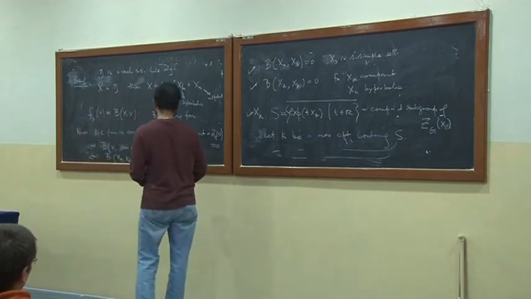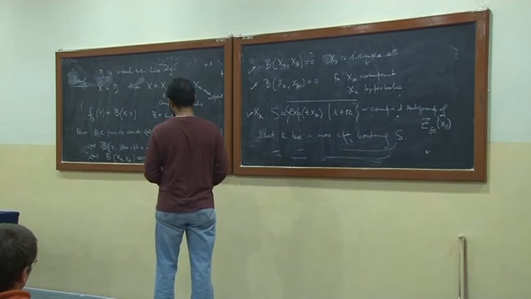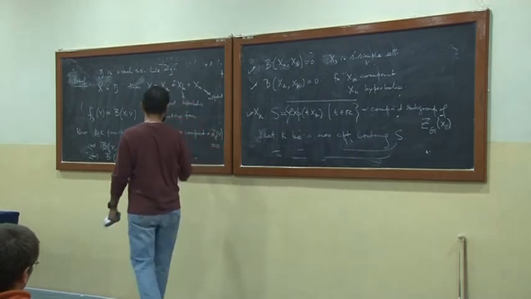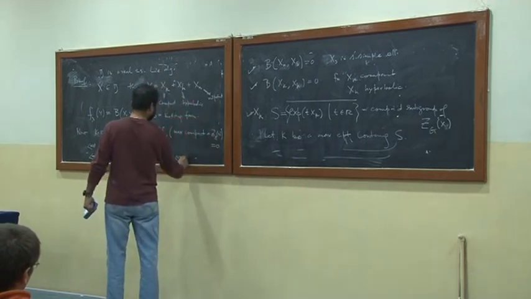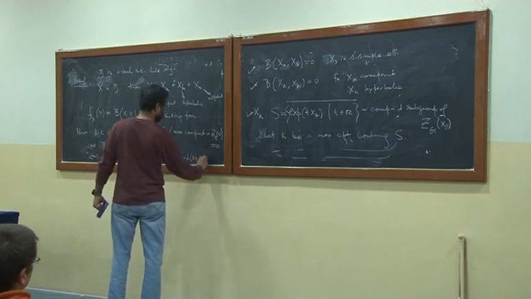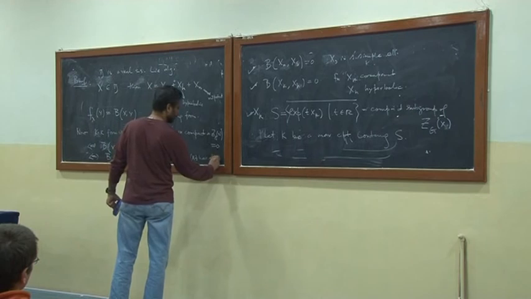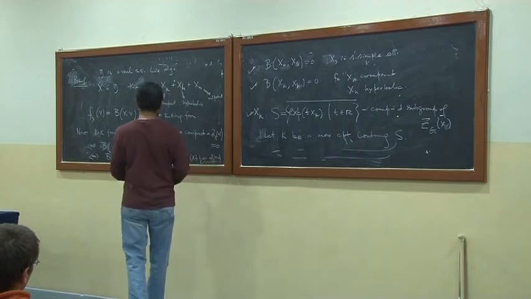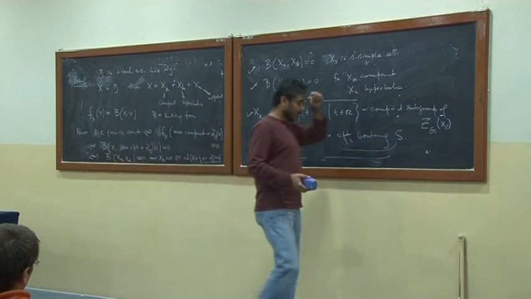So x_k is 0 means the compact part is 0, that means all eigenvalues are real, which is the same as saying x is hyperbolic. This proves the exactness criterion.